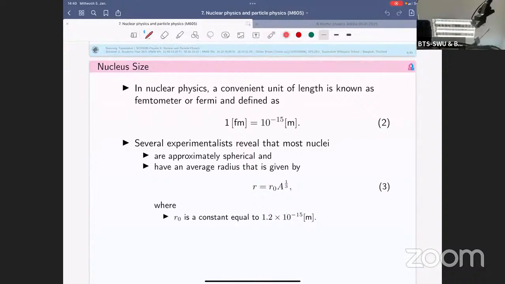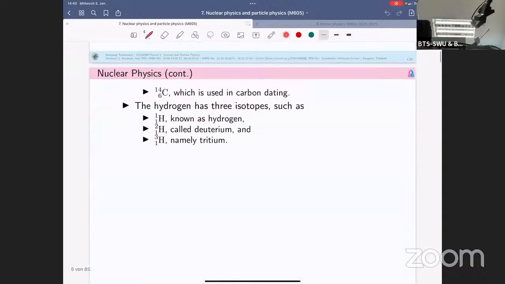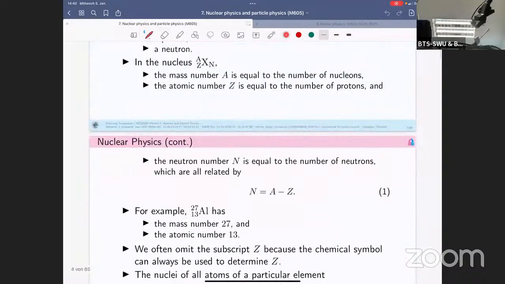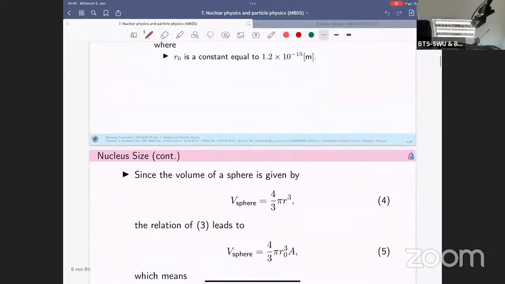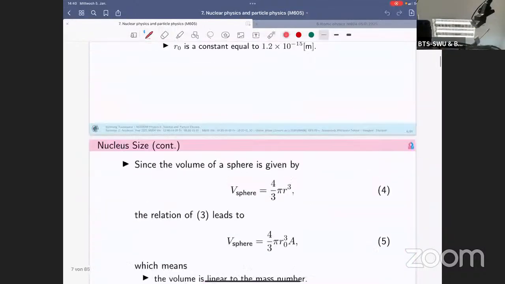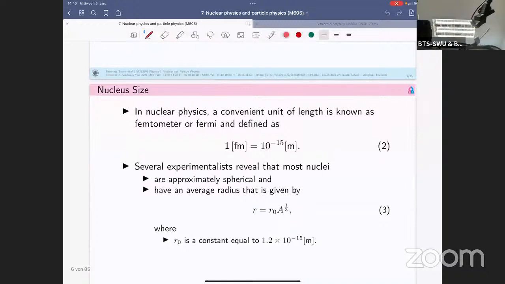A is the atomic mass, the number of nucleons. It depends on which element you want to consider.